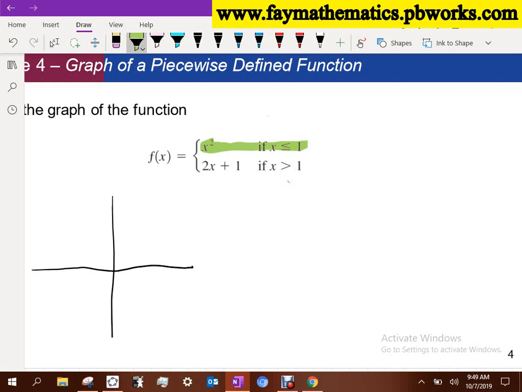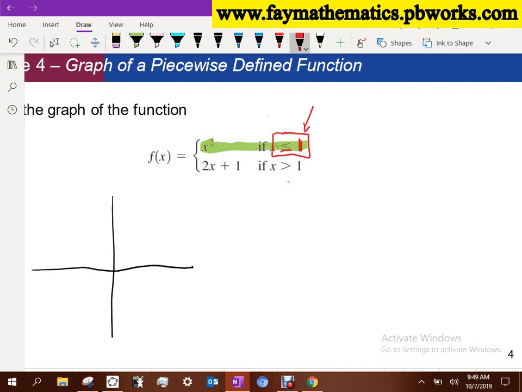Now, I know it's nonlinear, so I'm going to use multiple points, okay? I'm going to look at my domain rule. It says x is less than or equal to 1. I have to use that one, okay? And that's not because this is equal to, okay, because you're going to see down here in this bottom one that I have to use 1 as well.